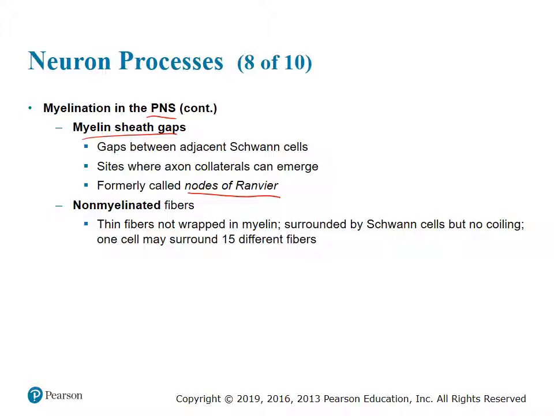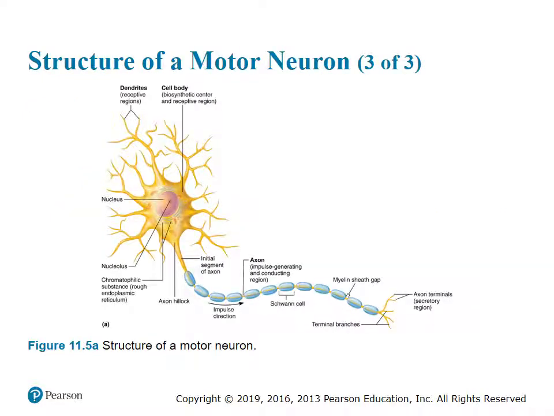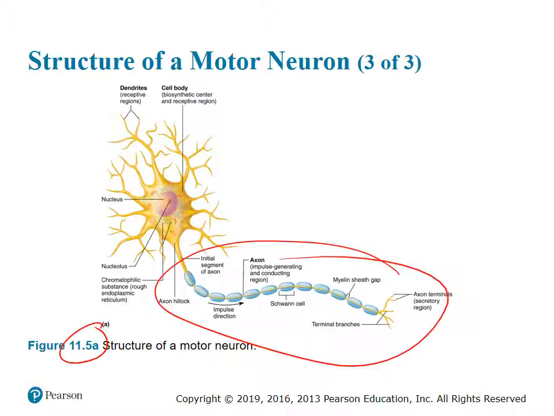You're going to see how those work shortly in the next part of the PowerPoint. Okay, so again, just to show you this figure here, we see the myelin sheath gaps.